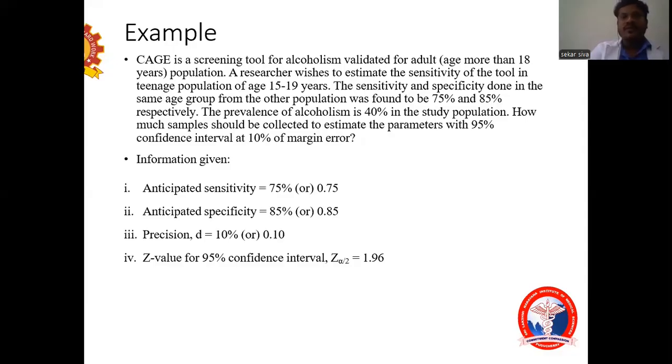The prevalence of alcoholism is 40% in the study population. How many samples should be collected to estimate the parameters with a 95% confidence interval at a 10% margin of error? The anticipated sensitivity is 75% or 0.75, the anticipated specificity 85% or 0.85, and precision, the margin of error, is 10%. You can mention 10 or 0.10. The Z value for 95% confidence interval is 1.96.